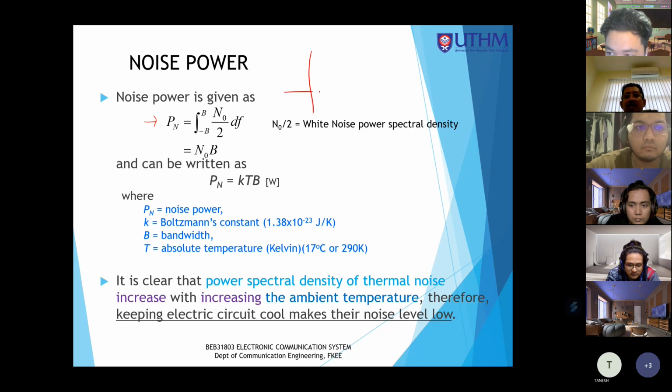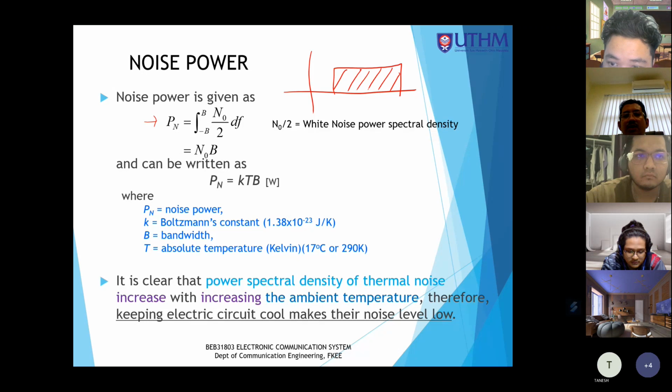So kalau kita ada bandwidth, kalau kita ada satu frequency spectrum di sini, maknanya you akan kamirkan daripada F1 until F2, so you are going to integrate the whole frequency spectrum and then N0 divide with 2 and then df, so you kamirkan terhadap frequency, okay, which is you get N0B ataupun boleh juga kita menggunakan kaedah ini yang lebih mudah.